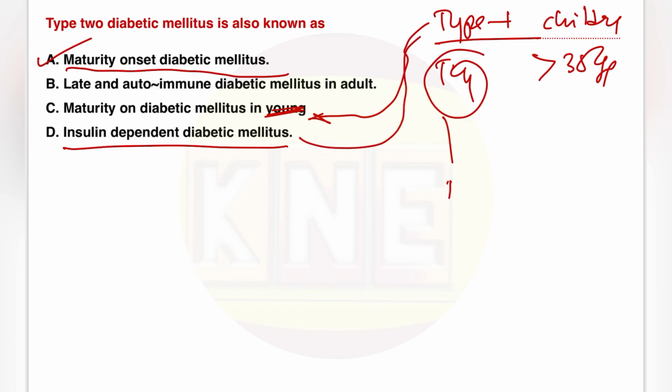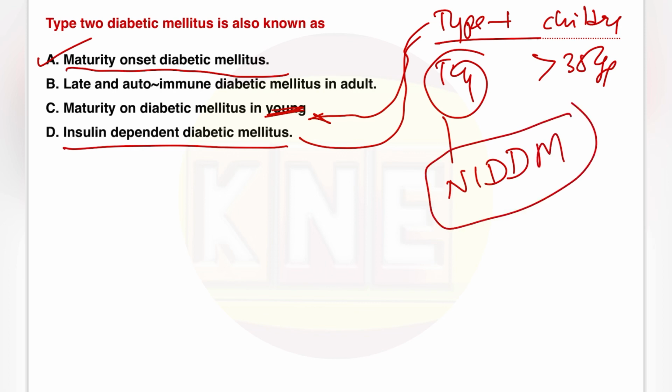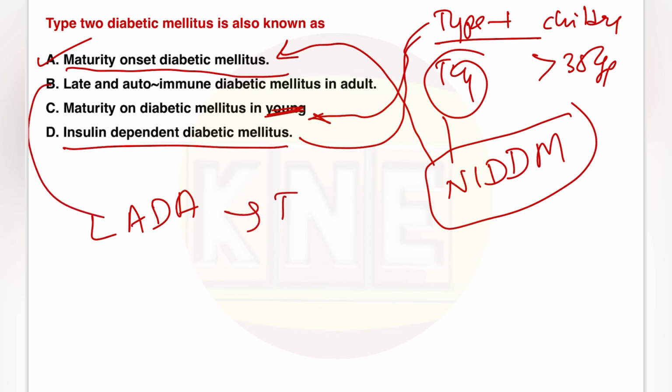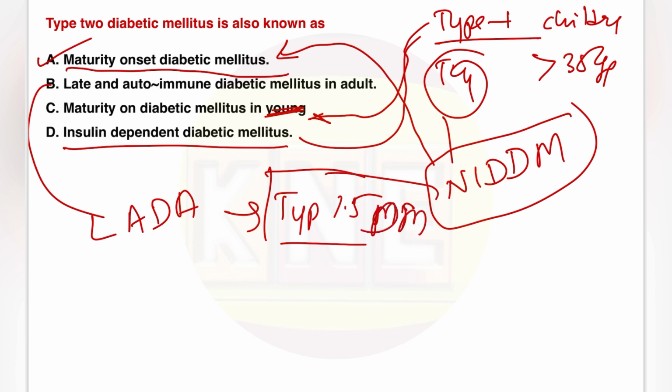Type 2 is non insulin dependent diabetic mellitus. Okay, or it will be called as what? Maturity onset diabetic mellitus. So what is LADA? LADA is also known as type 1.5 diabetic mellitus, late and autoimmune diabetic mellitus in adult.